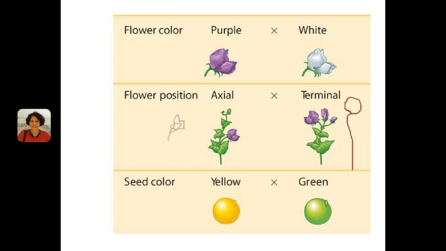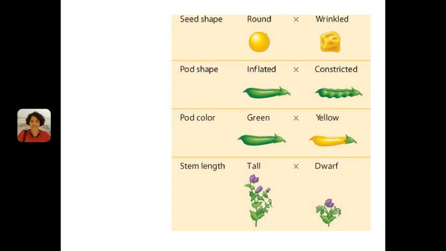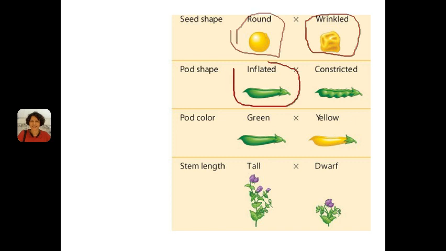The color of the seeds or the peas, they could be yellow or green. The shape of the pea could vary. It could be round or wrinkled. And the shape of the pod varied. It could be inflated like this. It would look smooth and you wouldn't be able to see the peas growing inside. Or constricted.